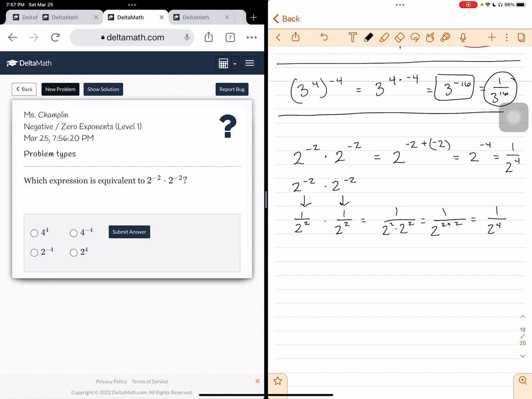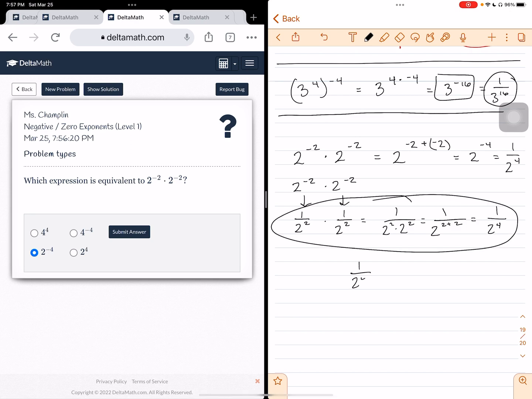But you see here that they actually left it in negative exponent form. But even if you did it this way, you should recognize that 1 over 2 to the 4th is equal to 2 to the negative 4th power. Because you can just flip exponents up and down and change the signs of the exponent. So again, if I flipped it back up, it'd be 2 to the negative 4th, right? So those are all equivalent.